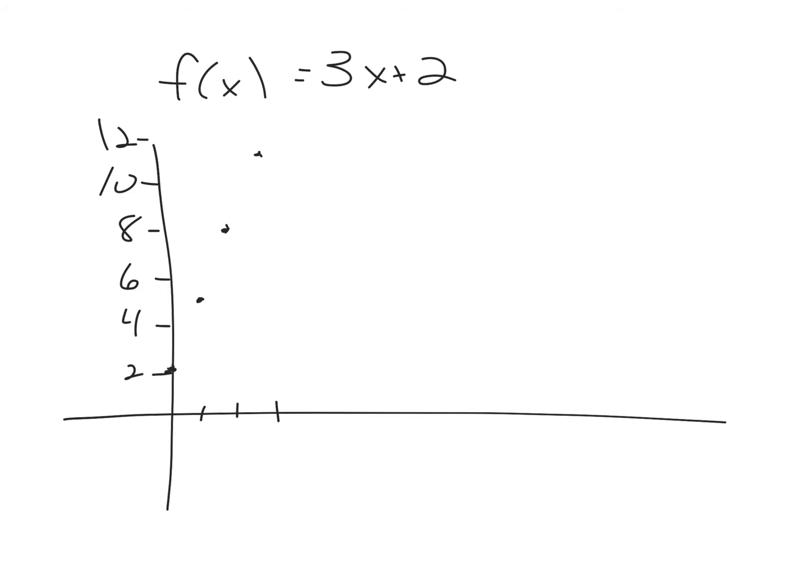All right, so we have the function f of x equals 3x plus 2. Now, this is an easier one we can probably find the area of, because right now we're trying to find the area between the graph of f of x and the x-axis. I'm going to use blue here to kind of connect them. What we're going to do is use rectangles for now, okay?